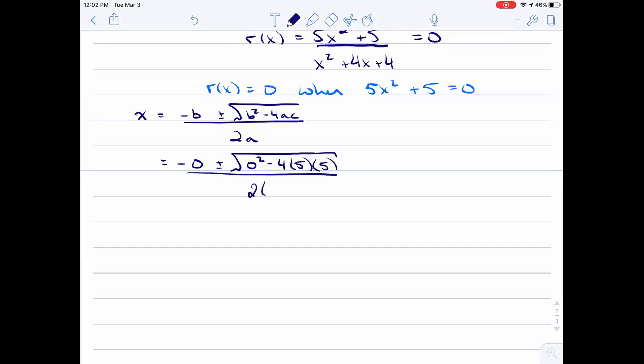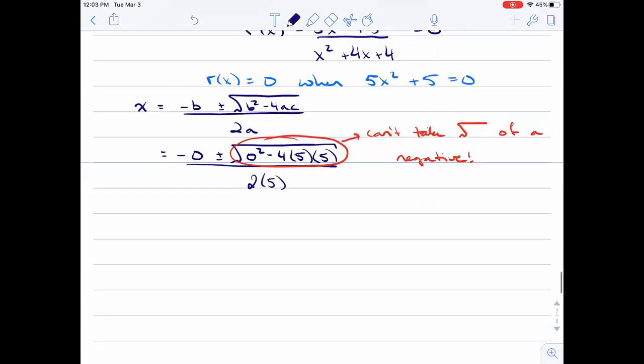I'll put it over 2 times 5, but here's where I'm kind of screeched to a halt, right, is that we can't take the square root of a negative. All right, so I guess we'll have to solve it.